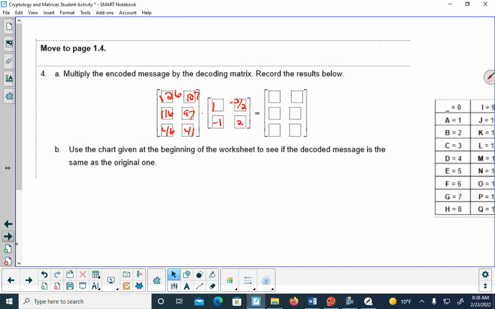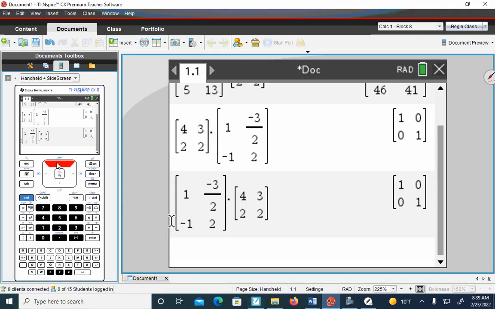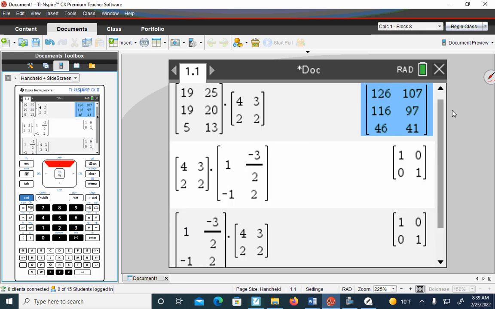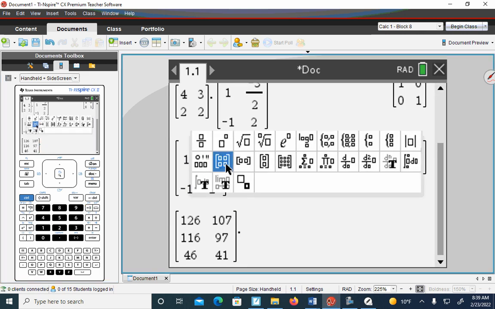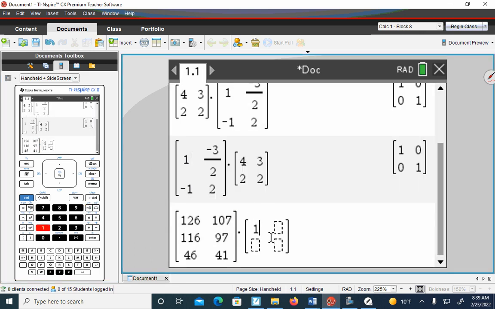So when I do that on my calculator, and you know, I may cheat. Let's cheat a little bit. I'm going to go up and grab the coded matrix, and now I'm going to multiply it by my inverse. That just saved me the trouble of typing that all in again, which is fine.